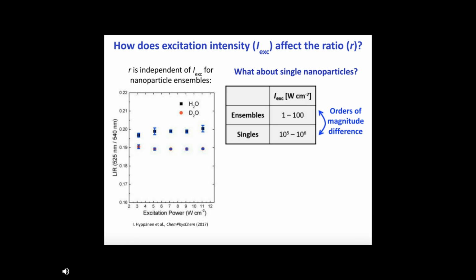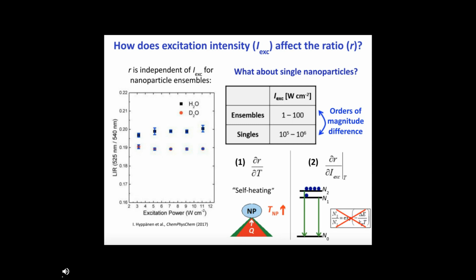And so it's then natural to ask, could these high excitation intensities required for single nanoparticles affect this ratiometric thermometry signal? And here I want to discuss 2 different possibilities. So one possibility is that the high excitation intensity could increase the temperature of the nanoparticle, which is what we refer to as self-heating.